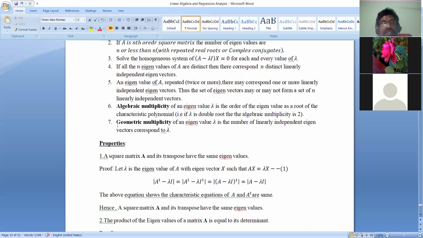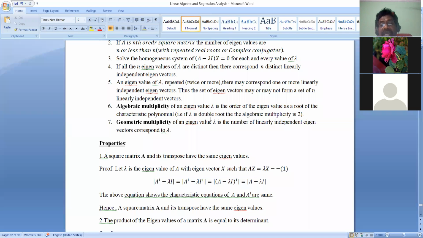Next, we want to discuss the geometric multiplicity of eigenvalue lambda. Geometric multiplicity of eigenvalue lambda is the number of linearly independent eigenvectors corresponding to lambda.